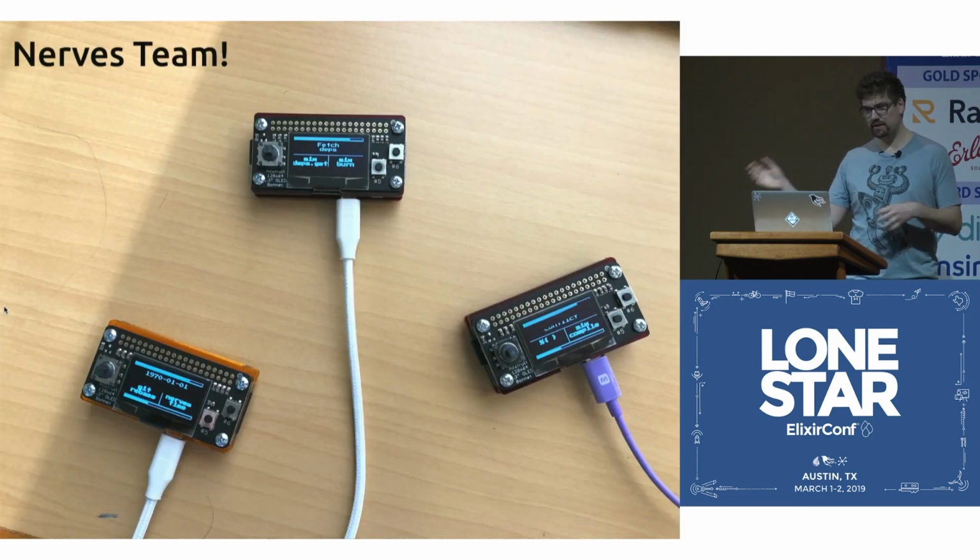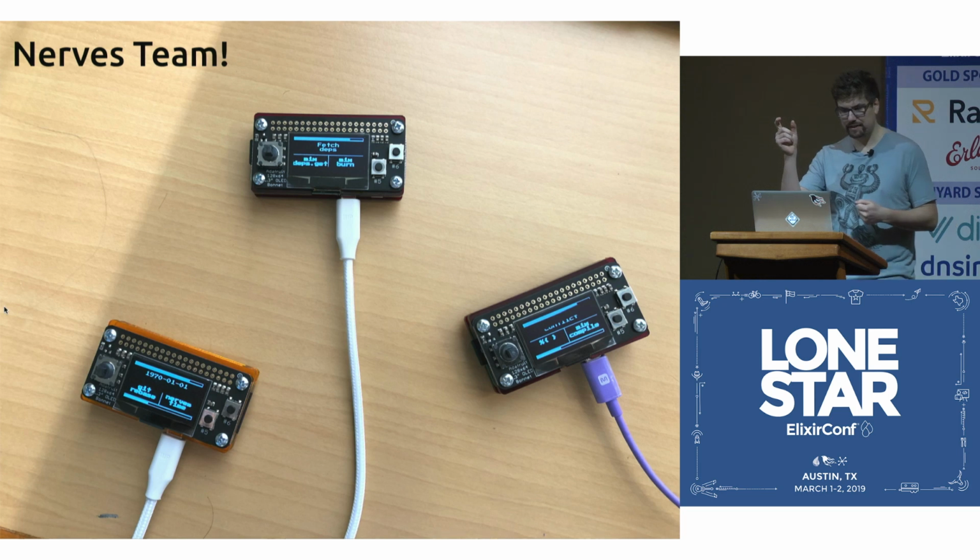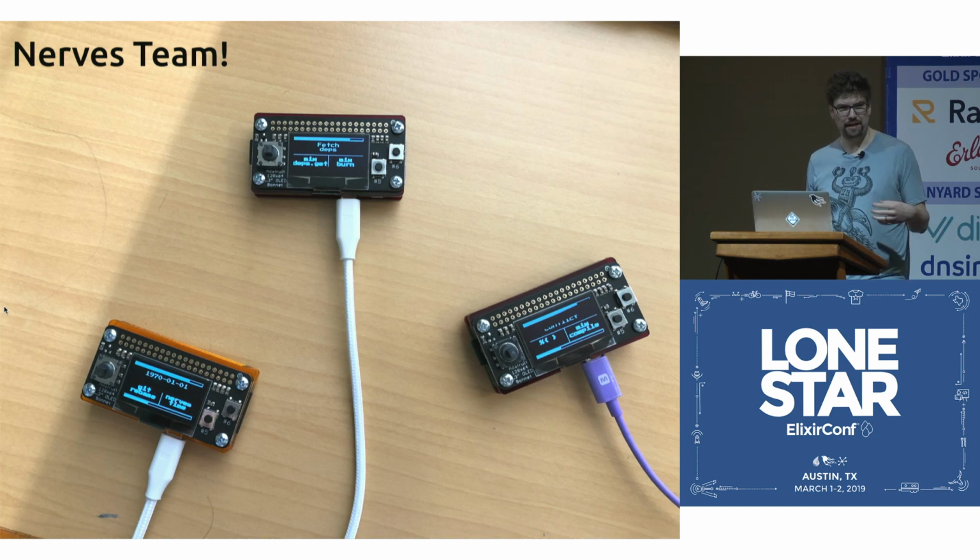And so this is an image of what our training looks like. We have Raspberry Pi Zeros with these displays on them. And what we do for it is we build a clone of a game called Space Team that's called Nerves Team. And the idea is you and your team are trying to build and ship an embedded product in time. Can you do it?